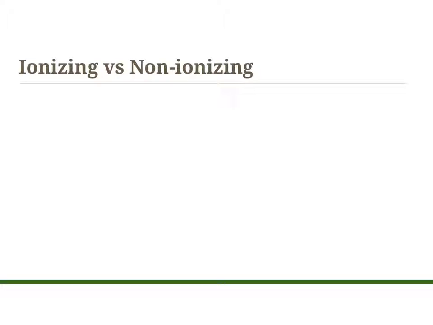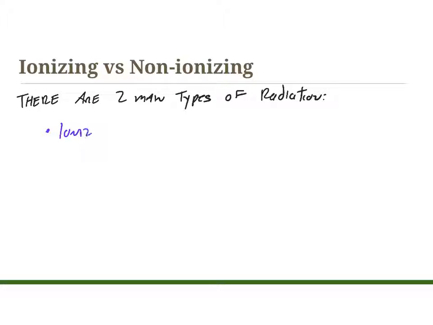Now, there are two main types of radiation. There is ionizing and there is non-ionizing.